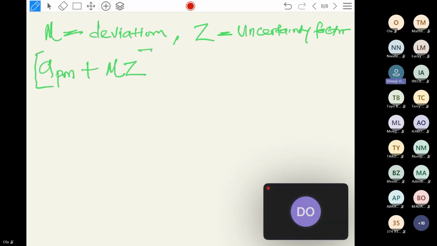So this becomes the new parameter because we have injected uncertainty to it.